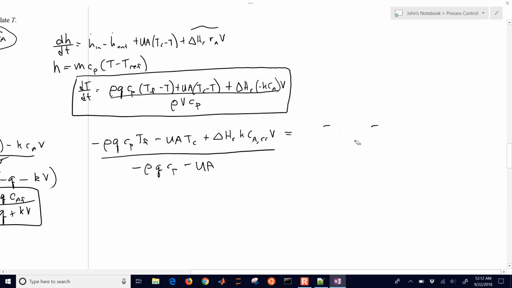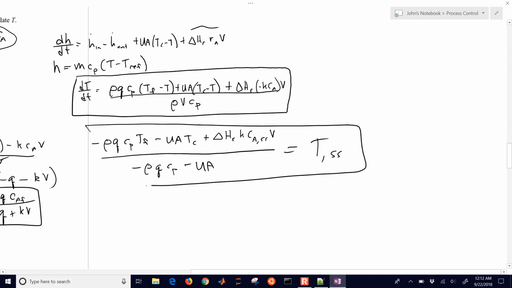Okay, and that's going to be equal to temperature steady state. Okay, and so that's going to be a number in the end. If you plugged in all the values, that would be a number. Okay, so we've gotten our concentration of A steady state and also our temperature steady state.